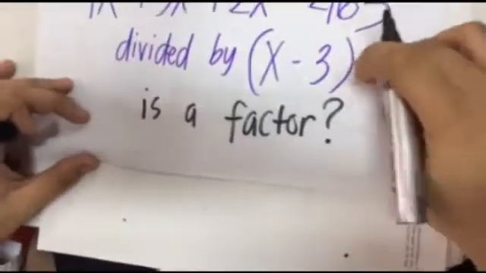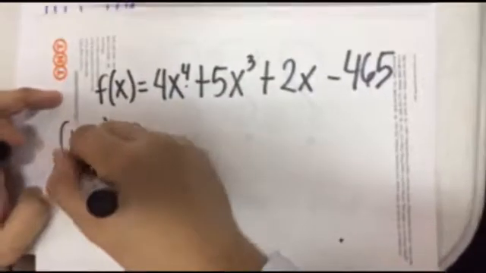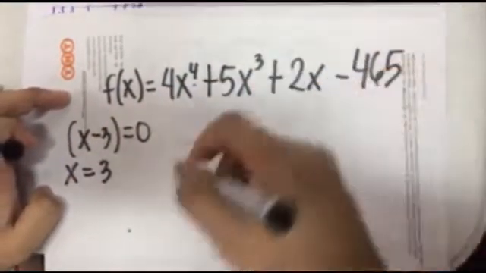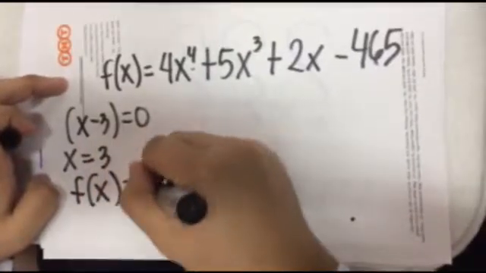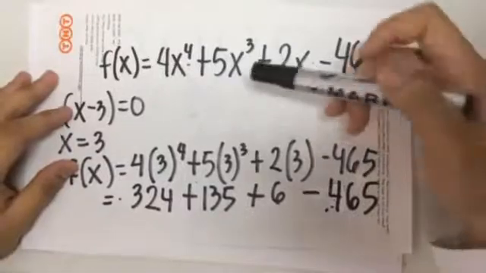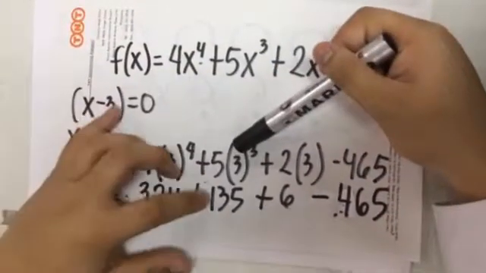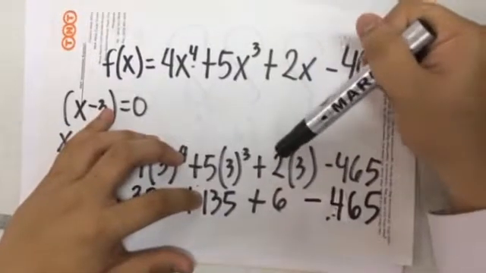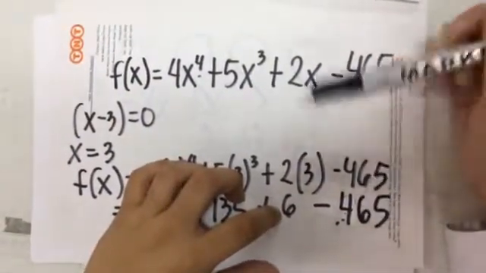Take the linear divisor to get the value of x, which is x equal to positive 3, since it was transposed. Then, substitute 3 for x in the given coefficients. Now we have 4 times 3 to the power of 4, which is equal to 324. Next is 5 times 3 to the power of 3, which is equal to 135.